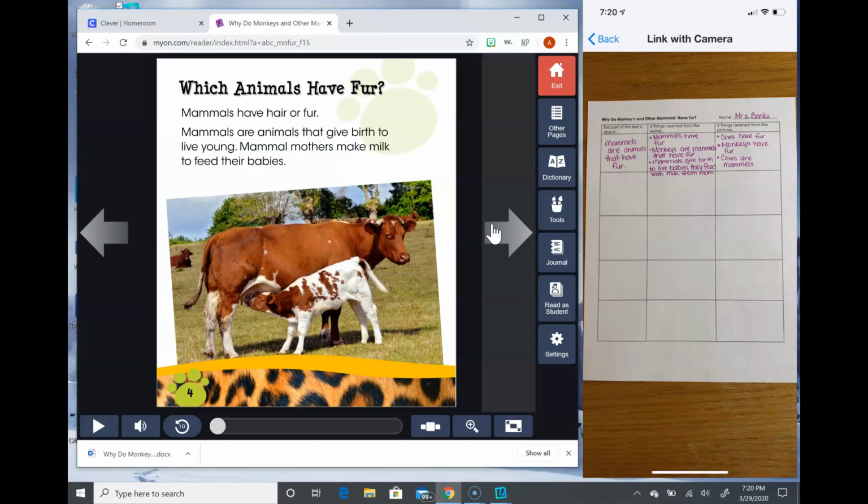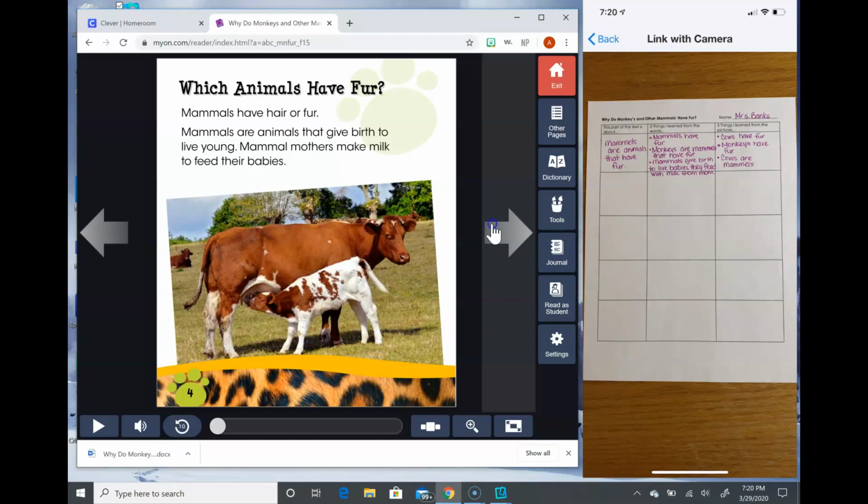Does it make it wrong? No, it's not wrong. It's just different. As long as you came to the basic same conclusion that mammals are animals that have fur, cows and monkeys have fur, and they're mammals, then boys and girls, you got the basic gist of that section.